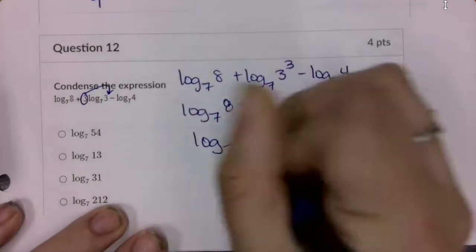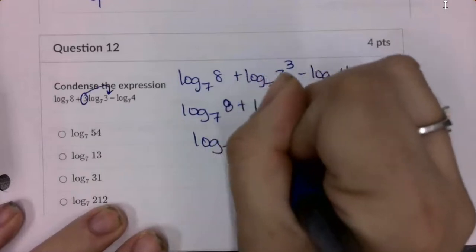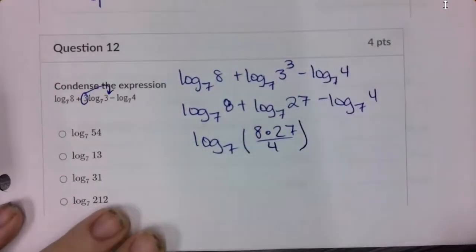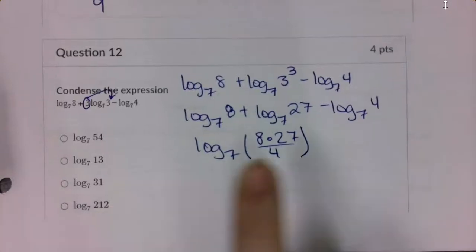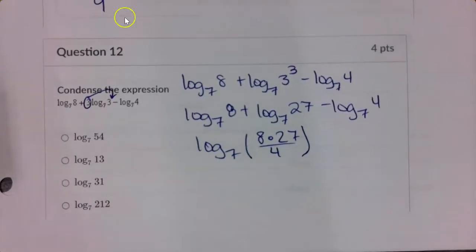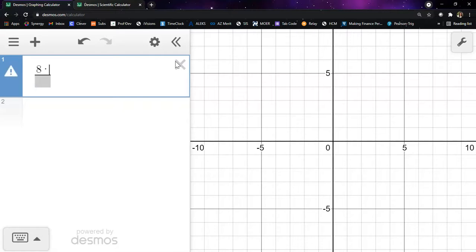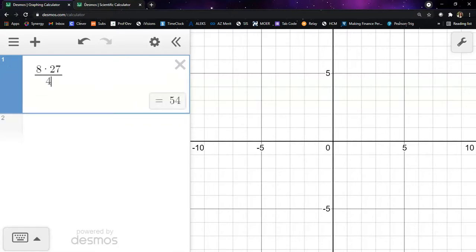So I have log base 7, 8 times 27, divided by 4. And then I just need to simplify the stuff inside because all of my answers still have log base 7 on the outside. So I am going to type the inside part into Desmos. I have 8 times 27, divided by 4, which gets me 54.